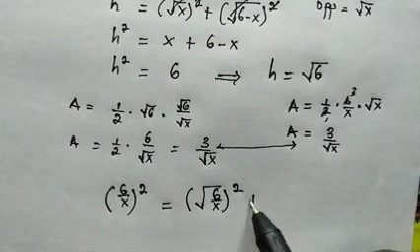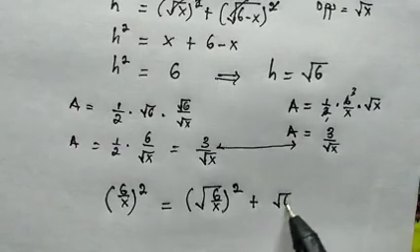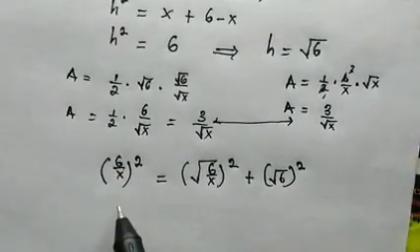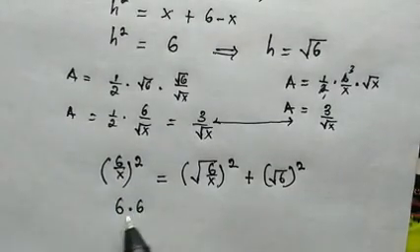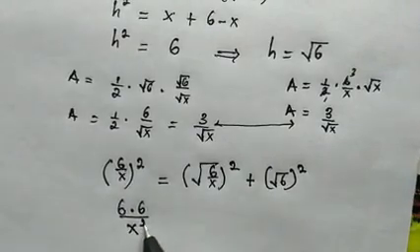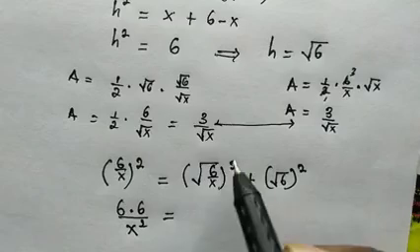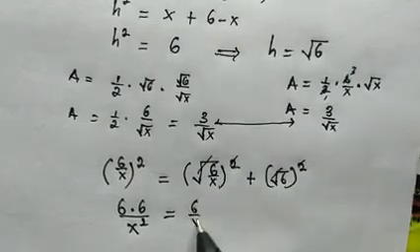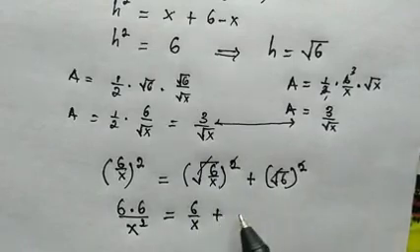Then plus the square root of 6, squared. Then we have here 36 over x squared. This is equal to, square cancels square root, square cancels square root, we get 6 over x. Then plus, here we get just 6.